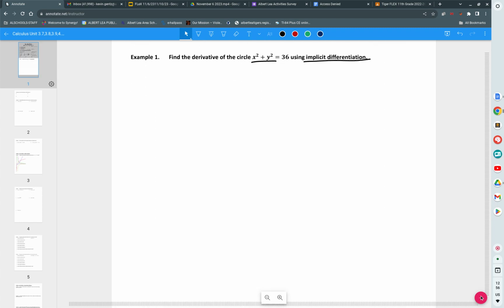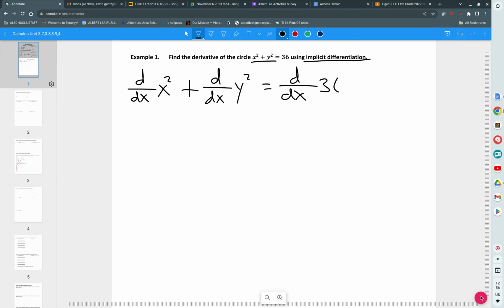We want to use implicit differentiation to find this derivative. Here's what we do. We say the derivative with respect to x of x squared plus the derivative with respect to x of y squared is equal to the derivative with respect to x of 36.